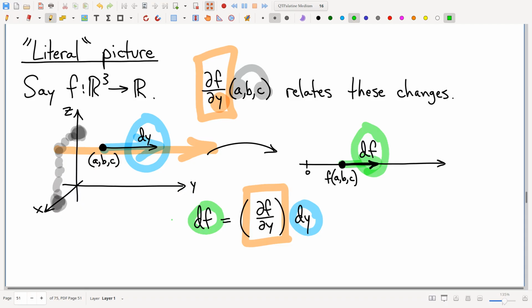So the partial derivative is what you multiply by the input change to get the output change. Approximation. Not a slope. Again, it can't be a slope. It can't be a line, because there is no shape to be a tangent line of.